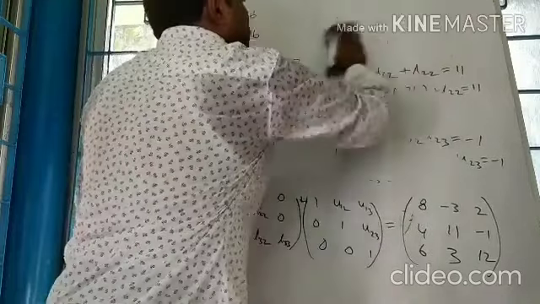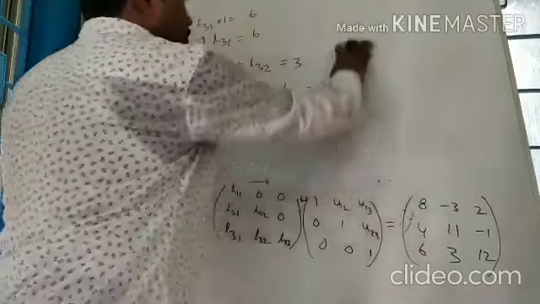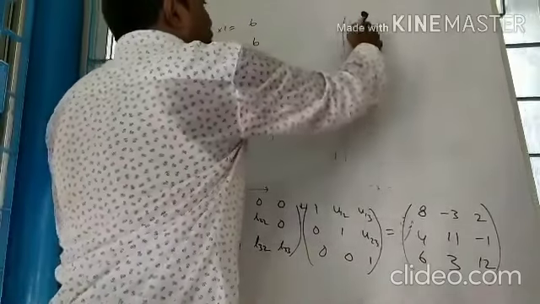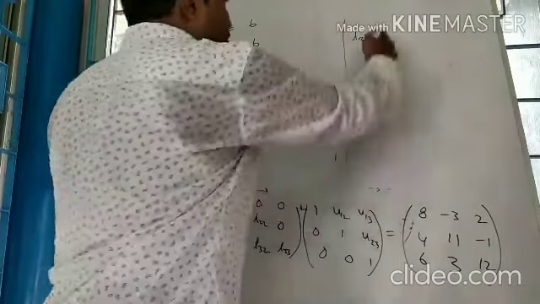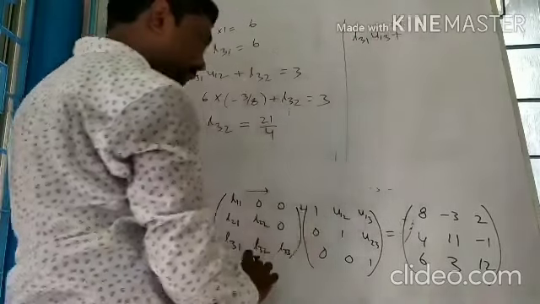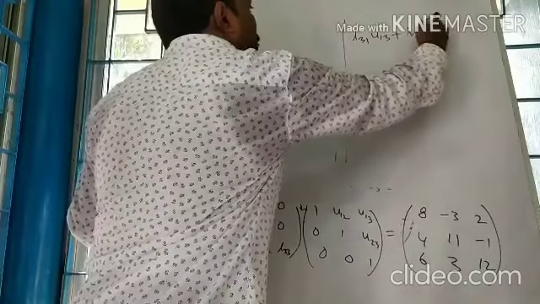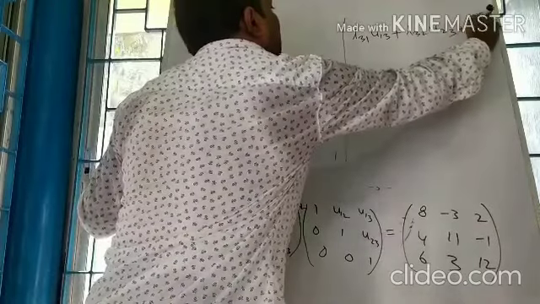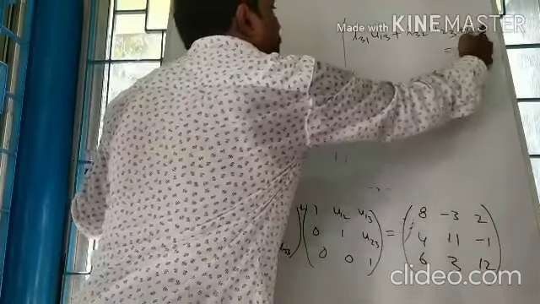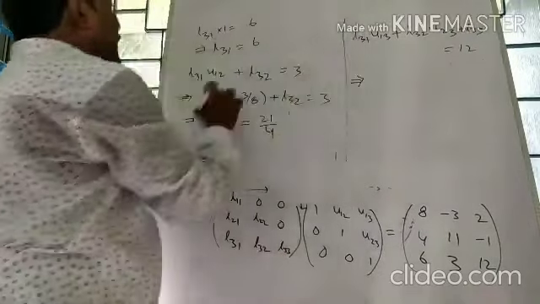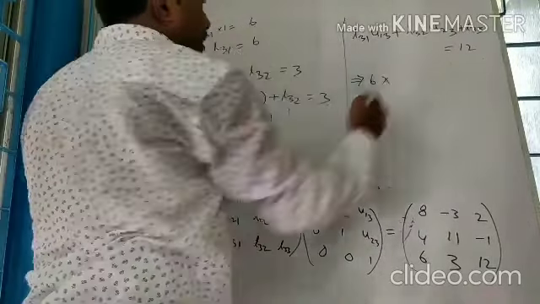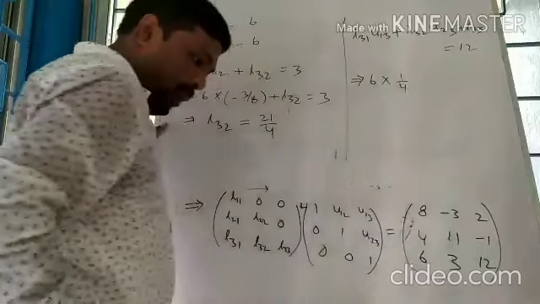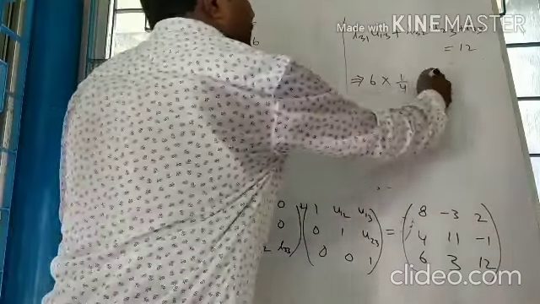Okay. Now, third row, third column. L31 into U13 plus L32 into U23 plus L33 equals 12. Now what is L31? L31 is 6. What is U13? U13 is 1 by 4 plus L32.